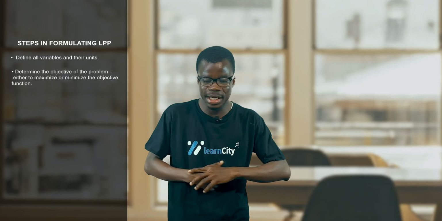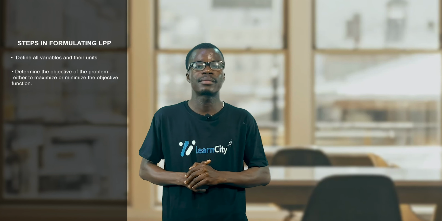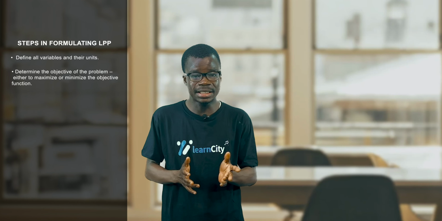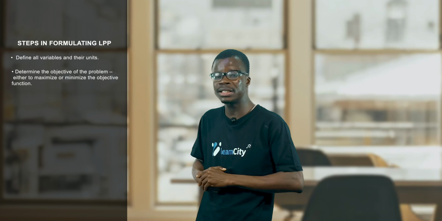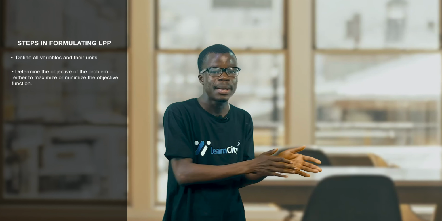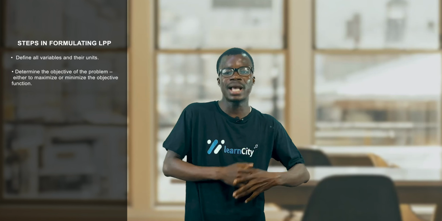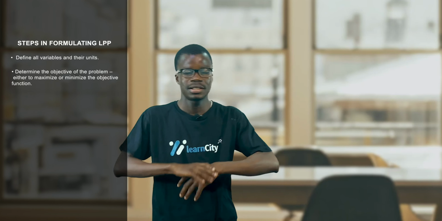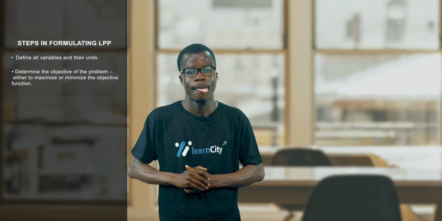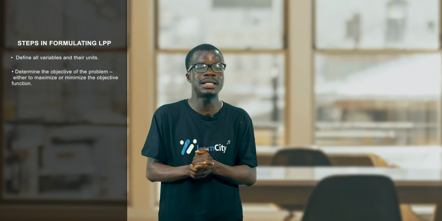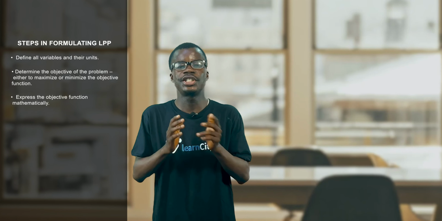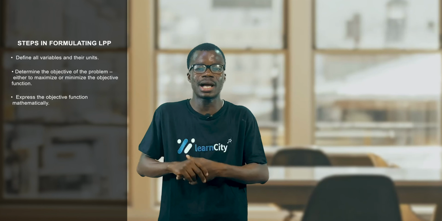Then the next thing is determine the objective of the problem. Is it to maximize profits or to minimize cost? That is, is it either to maximize or to minimize the objective function? After determining this, express the objective function mathematically.